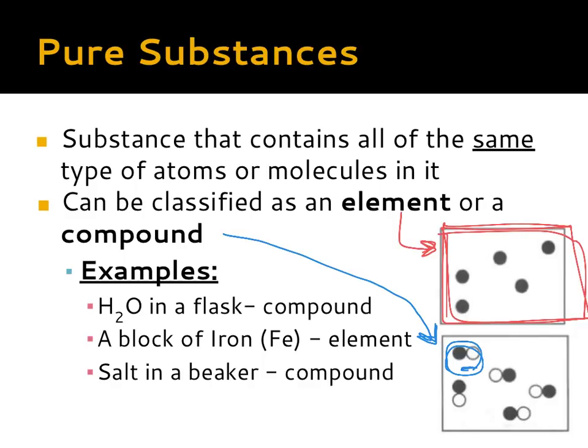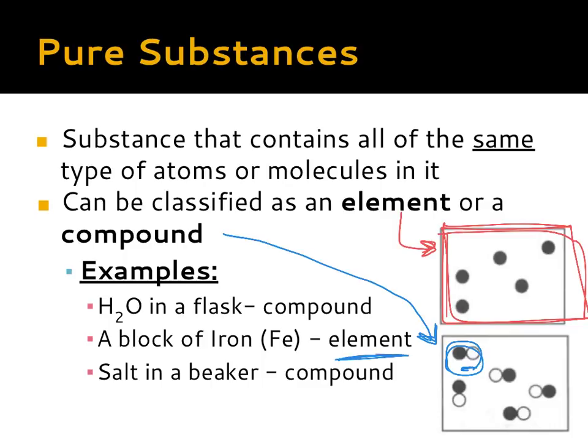Some examples of this would be water in a flask. H2O is a compound, and if I just have a flask filled with just H2O molecules, then I would consider that to be a pure substance. If I have a chunk of iron and it just has iron atoms inside of it, then that is a pure substance made out of an element.